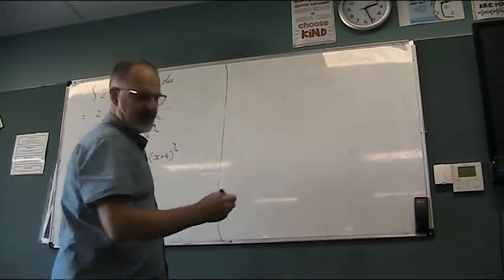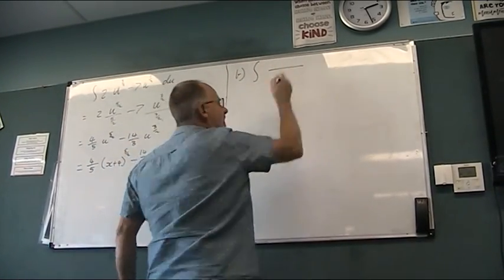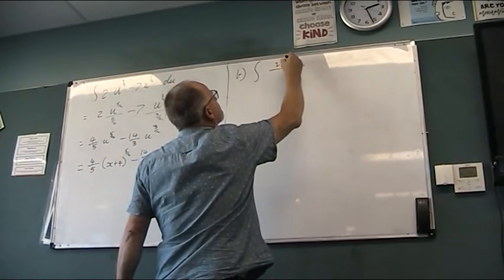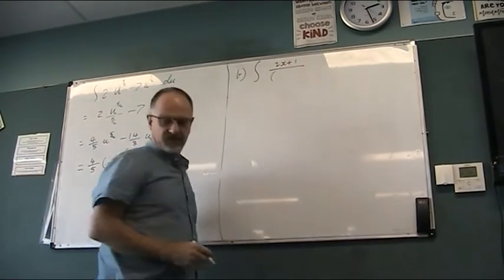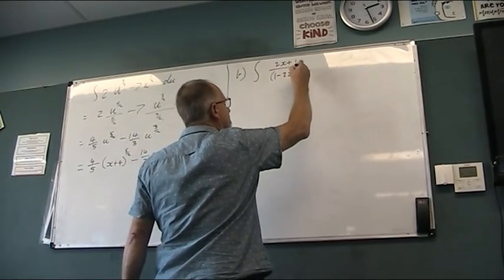Alright, so in this one, for part B, we are looking at the antiderivative of 2x plus 1 over 1 minus 2x, all squared.